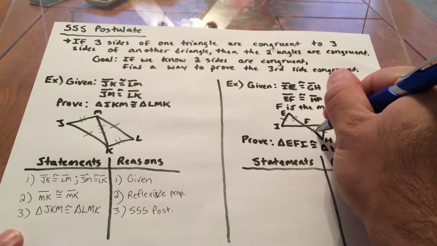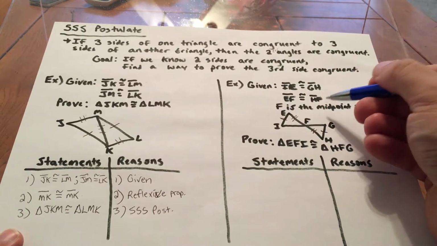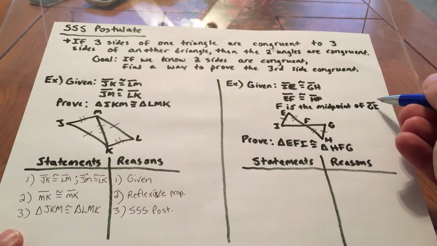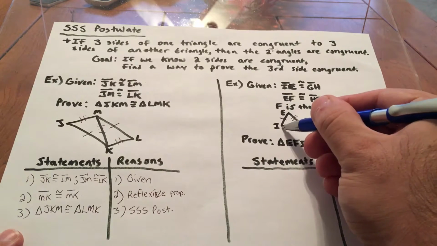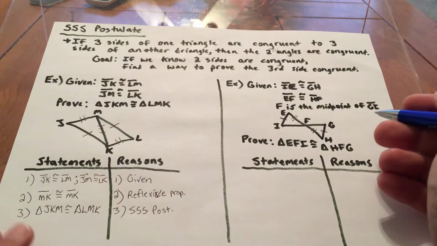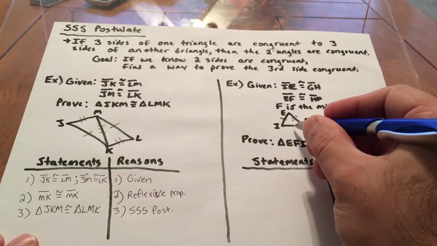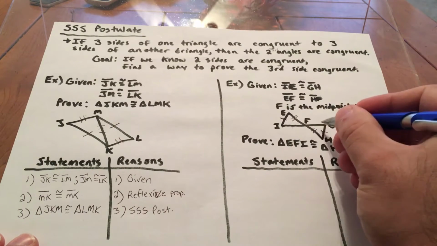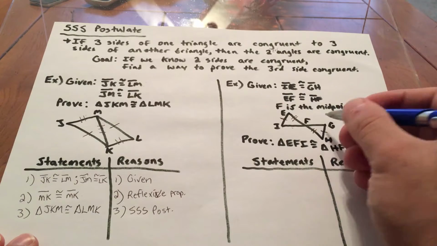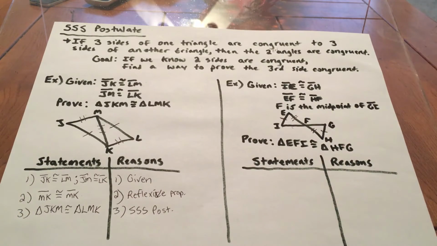So those sides are congruent. And then they say that F is the midpoint between G and I. That's going to be useful to us when we go to write the proof. So the goal then would be to prove that IF is congruent to GF by some reason. It's probably going to come from this right here.